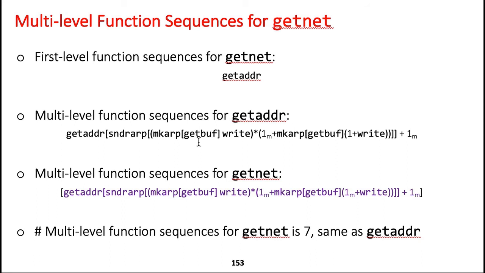And we have substituted the first level function sequence for getAddr in getNet to get the algebraic expression for the multi-level function sequences for getNet. If we look at the algebraic expression, we can see that the number of function sequences for getNet is the same as getAddr, which is 7.